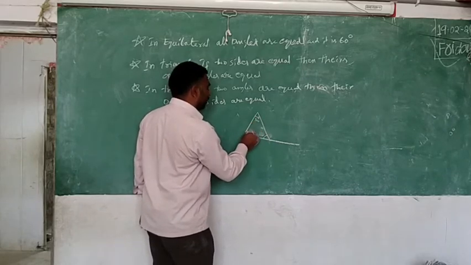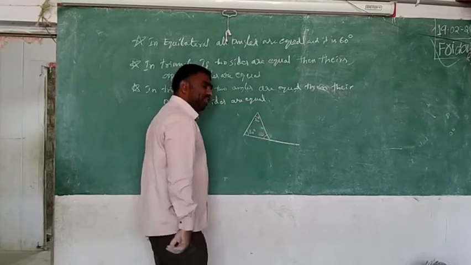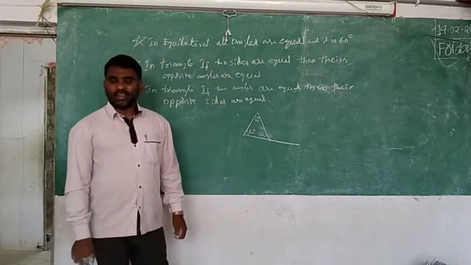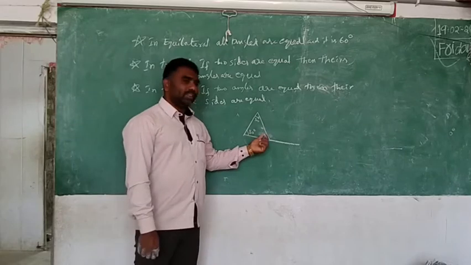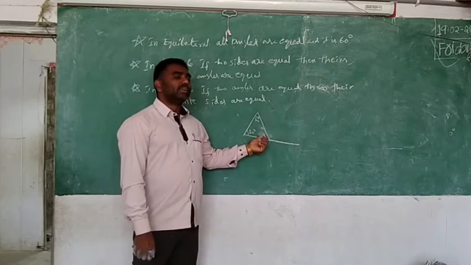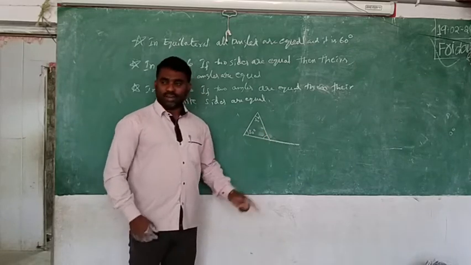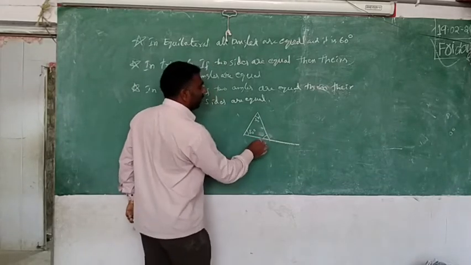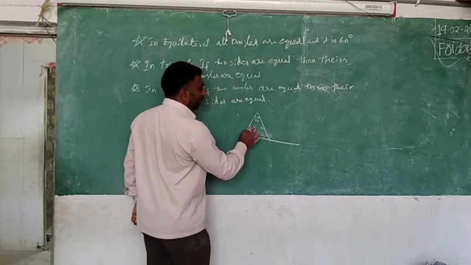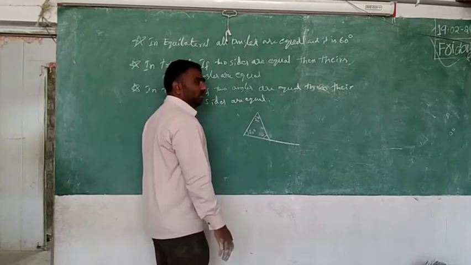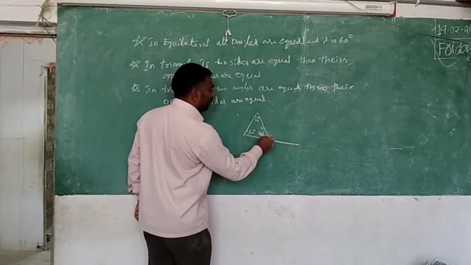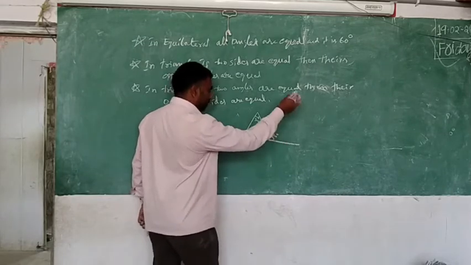We should find it. First you will find this, 80 and 30, 110. So how much will it be? 70. 110. Okay.